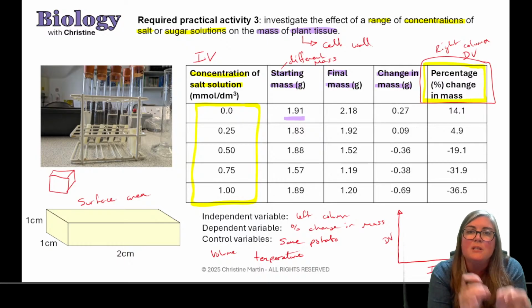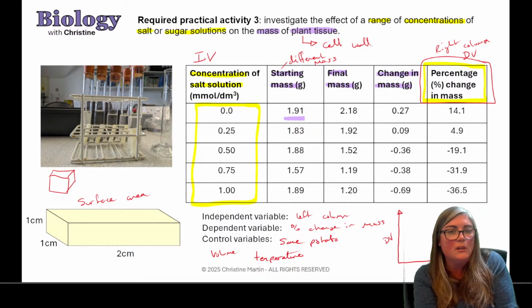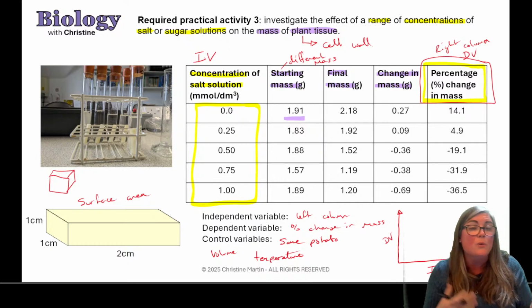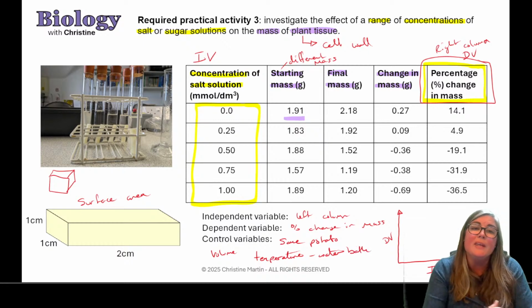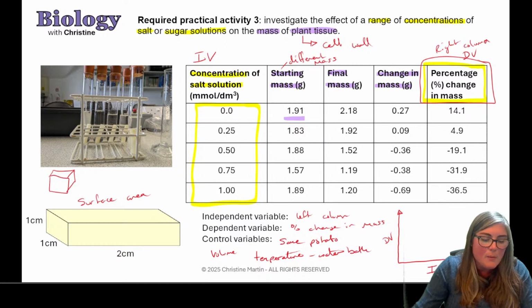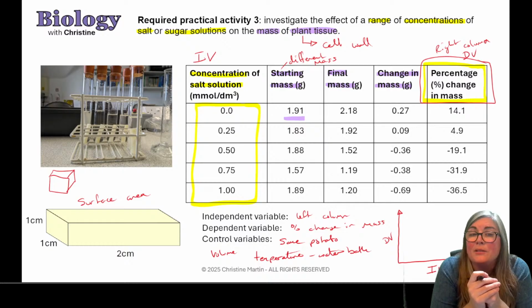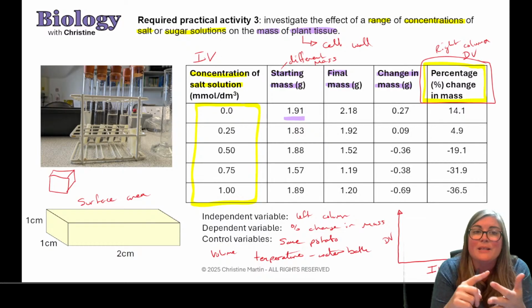So if osmosis is the diffusion of water, I need to control the temperature of the investigation, because if I don't, it's going to affect the rate at which osmosis will occur. How would I control the temperature? I would use a water bath. So again, make sure you know some of the bits of information that you could use for your answers. So volume, concentration, mass, temperature.